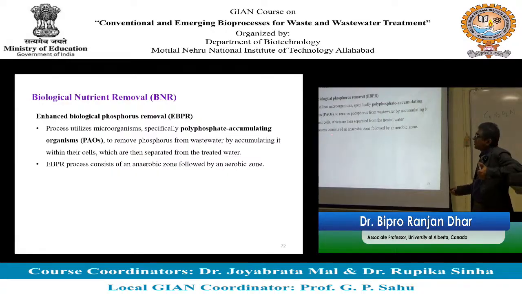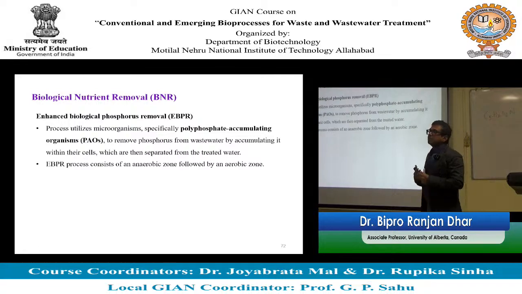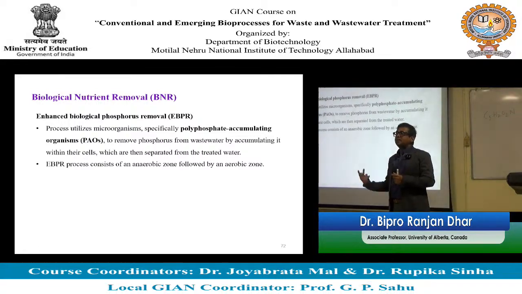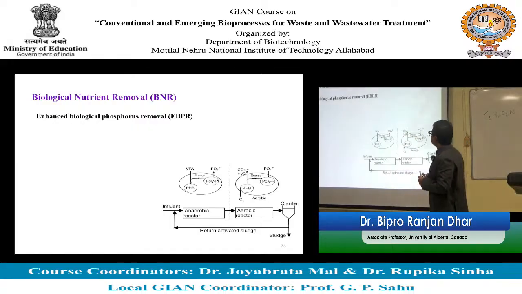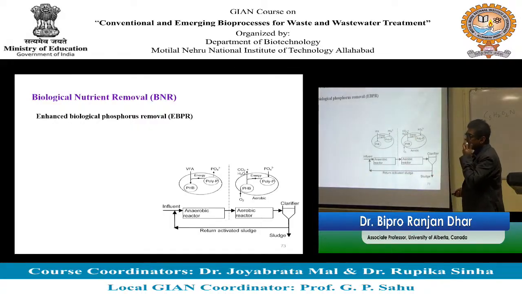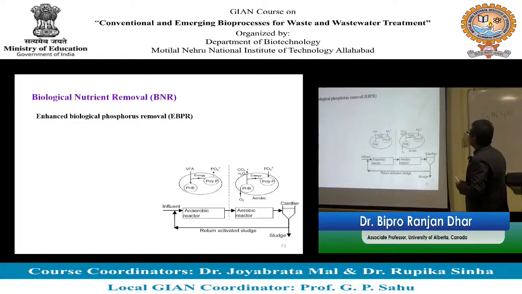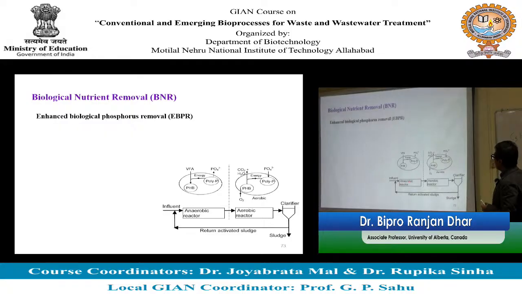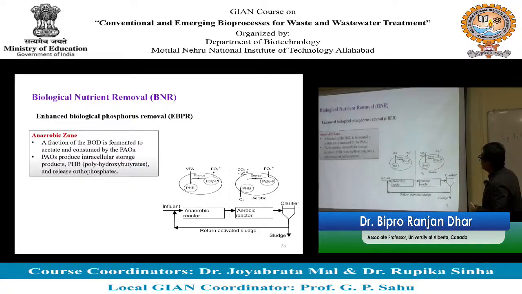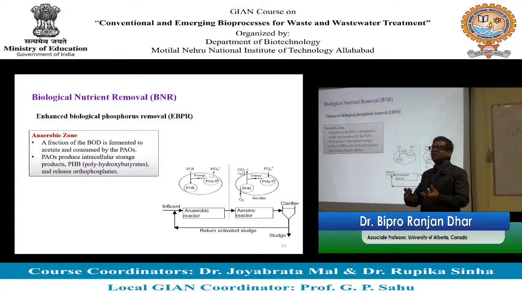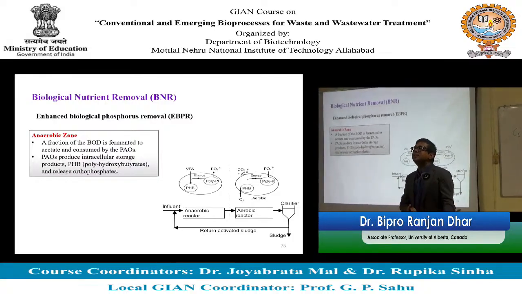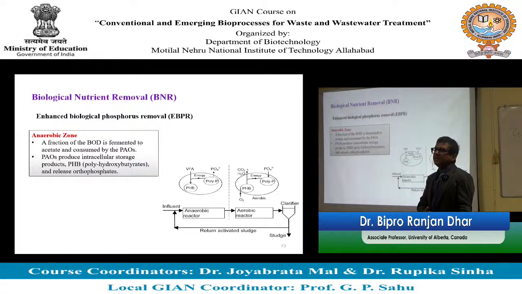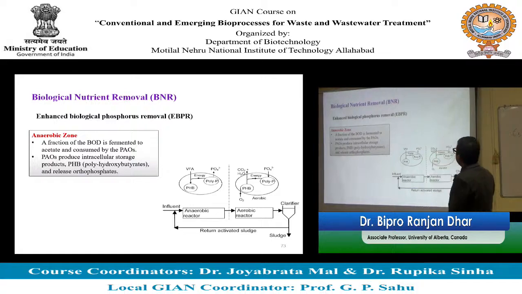The EBPR process is a two-stage process. The first step is anaerobic and the second step is aerobic. Instead of anoxic, here it's anaerobic. Why anaerobic? Under anaerobic conditions, some of the complex organics are fermented into simple volatile fatty acids.